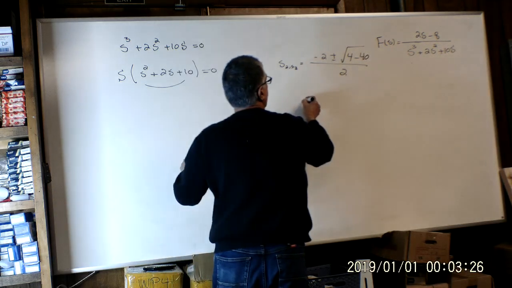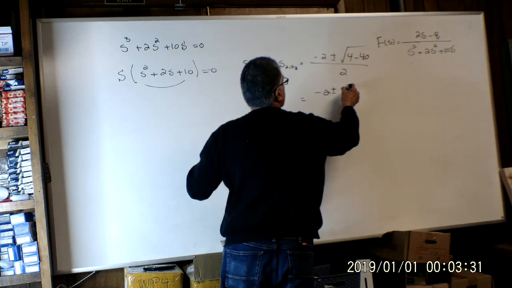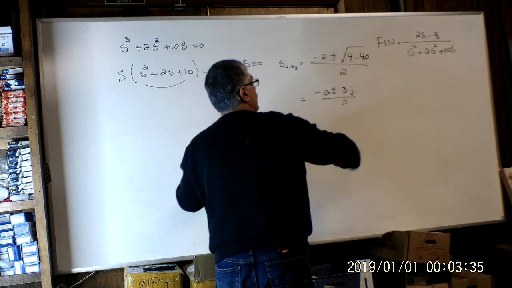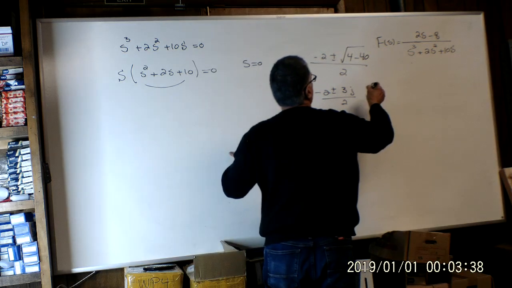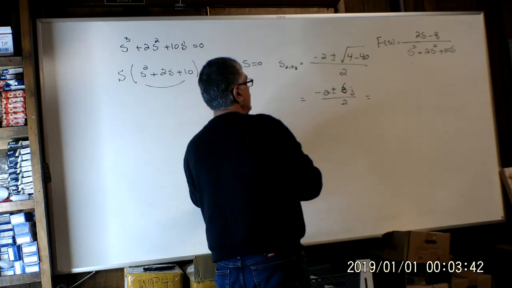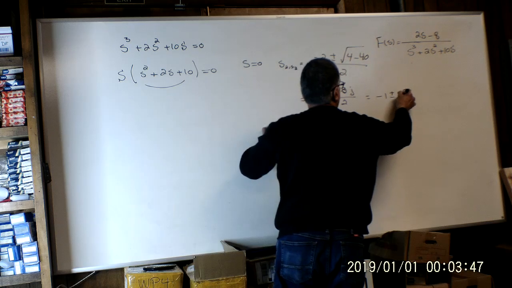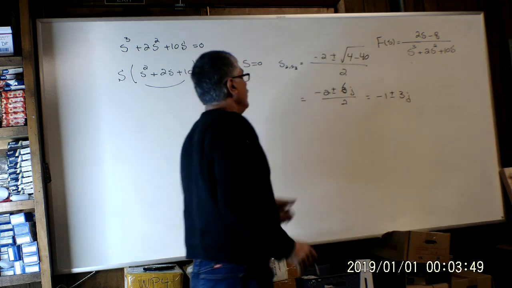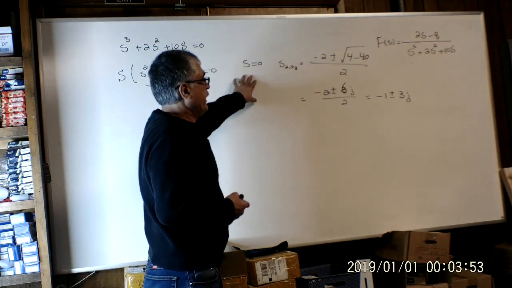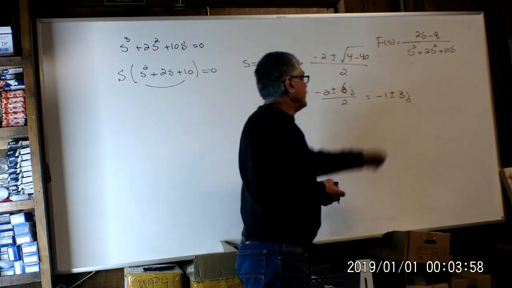So this will be equal to minus 2 plus or minus 6j divided by 2. So this will be equal to minus 1 plus or minus 3j. So we have a real number pole, which is s equal to 0, and a complex number pole, which is that.